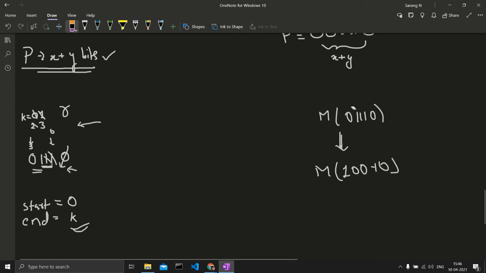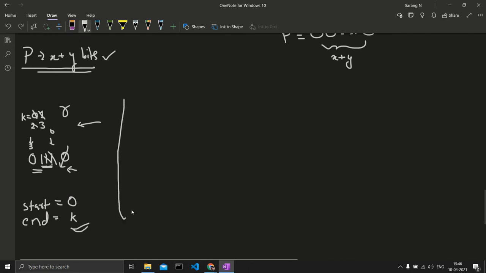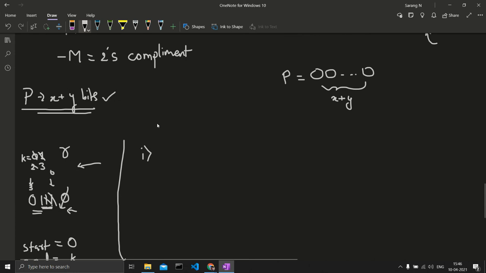So now we can formalize it and generalize the algorithm. After creating this, we shall start with our first step. Before going to the algorithm, we have to do the pre-computation. The first pre-computation is to append r with 0.